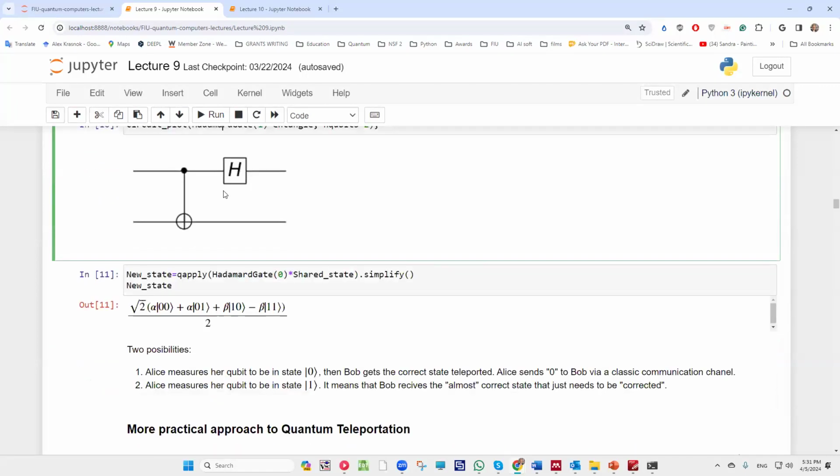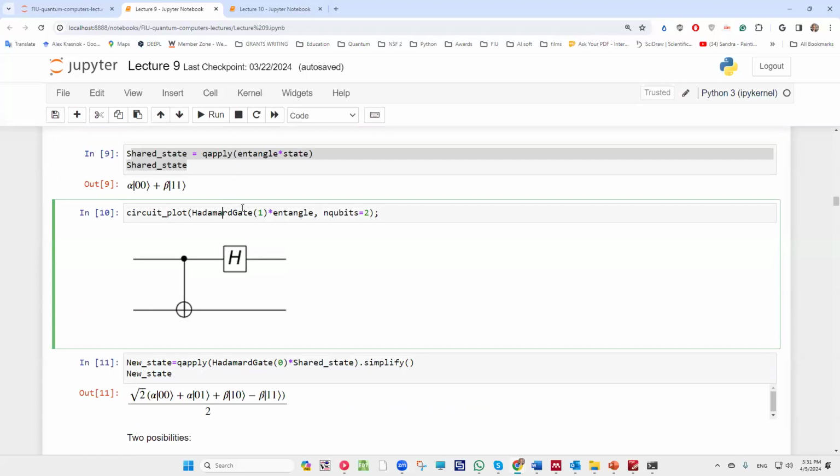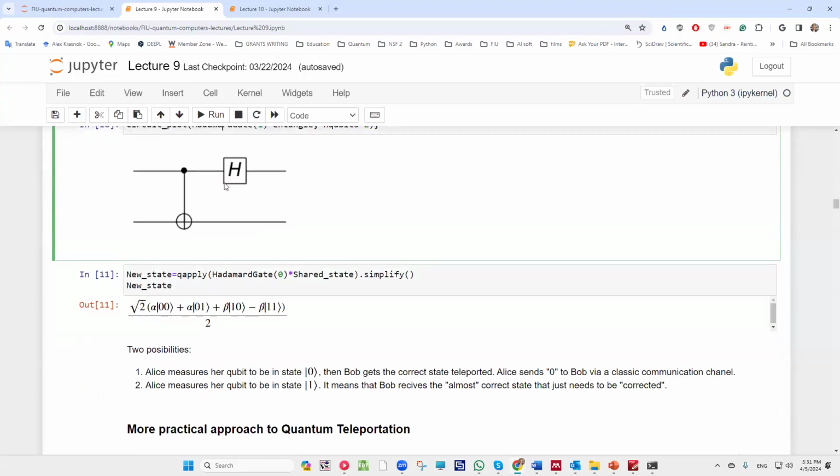Okay, so what do we do with this shared randomness? Alice and Bob share the qubits, and then Alice measures her qubit, but not in the 0-1 basis. Instead she applies the Hadamard to change the basis from 0-1 to plus-minus, and she measures her qubit in the plus-minus basis.